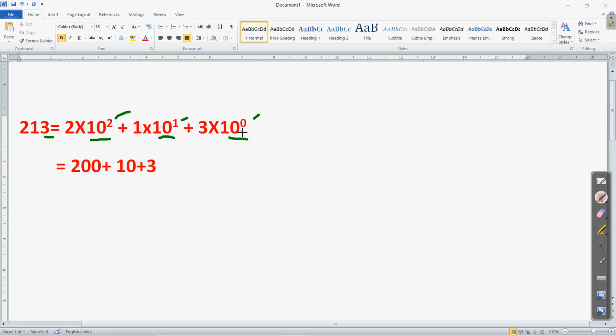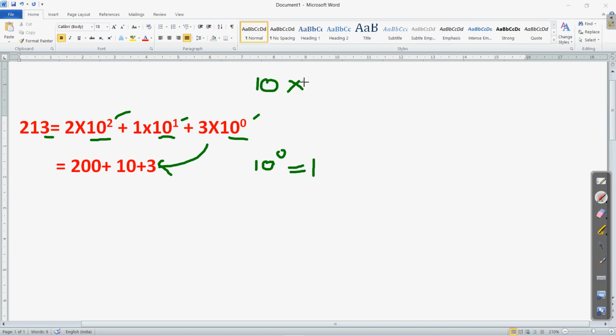Any number raised to the power 0 is 1, so 10 raised to the power 0 is 1. Clear? So 3 into 1 is 3. Then 1 into 10 is 10. Then 2 into 10 to the power 2. 10 to the power 2 means 10 into 10.